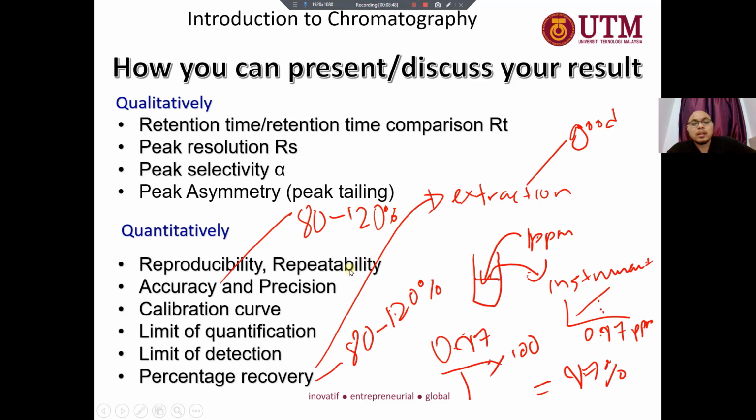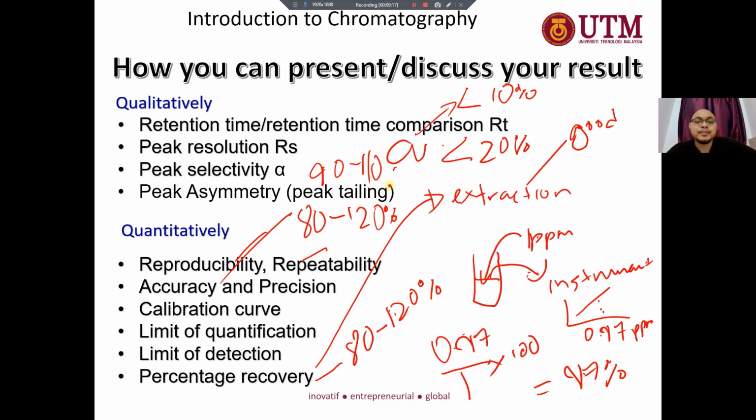For reproducibility and repeatability, the CV you need to obtain is less than 20%. But if you deal with drugs, pharmaceutical, or biological samples, you need to obtain less than 10% for CV and 90 to 110% before your data can be accepted.